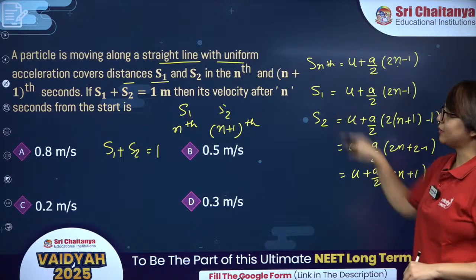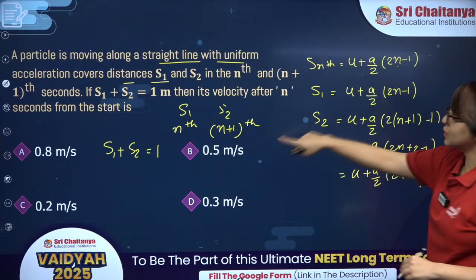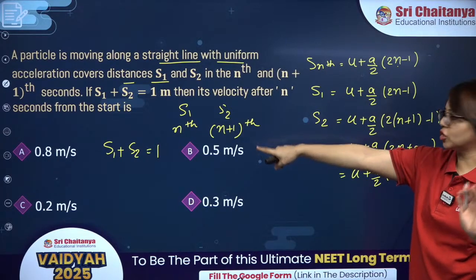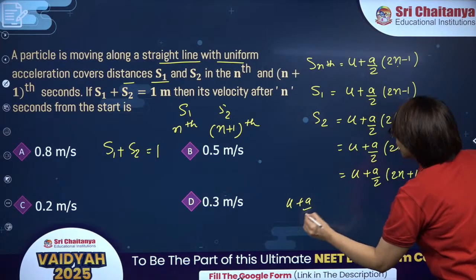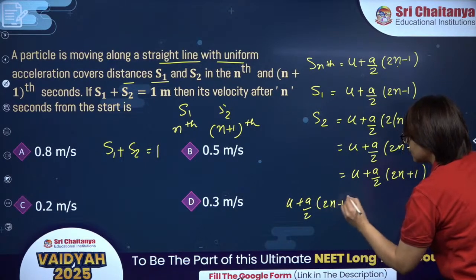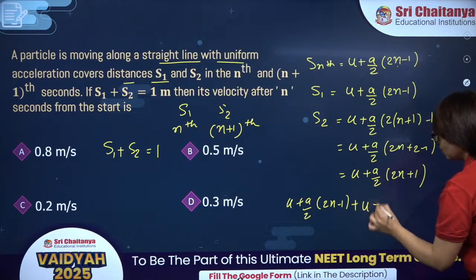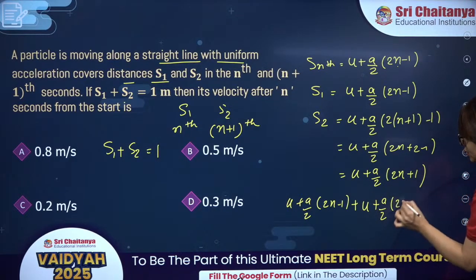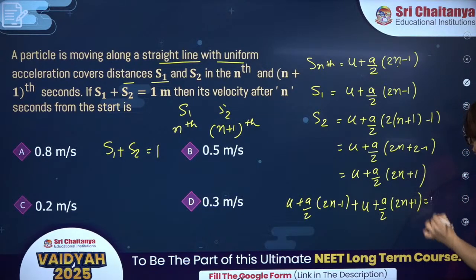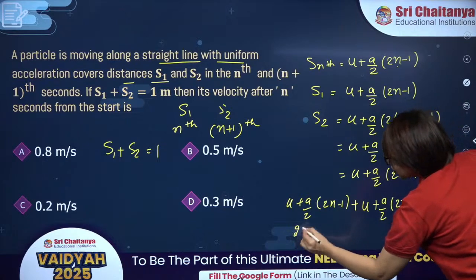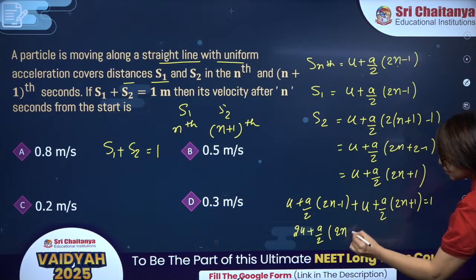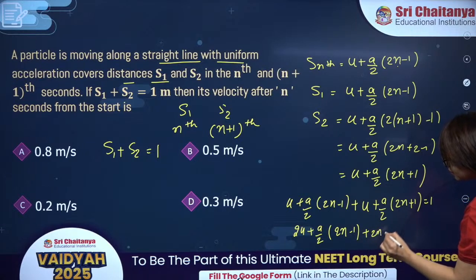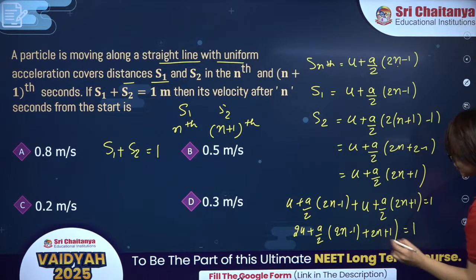Alright. Well done beta, well done. Now S1 plus S2 is given as 1. Use this information to solve the question. S1 is u plus a by 2 into 2n minus 1, and S2 is u plus a by 2 into 2n plus 1, and it should be equal to 1. So it is 2u plus a by 2 common. So it is 2n minus 1 plus 2n plus 1, and it should be equal to 1.